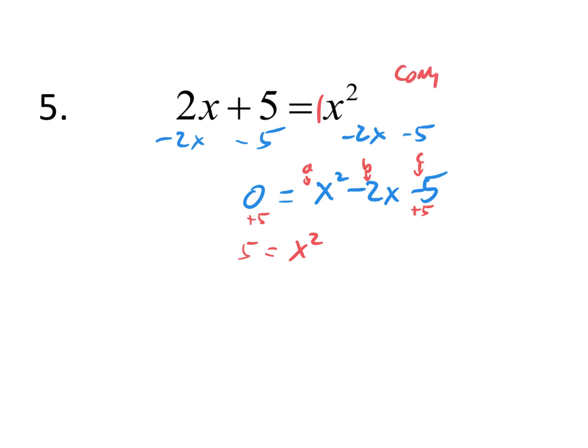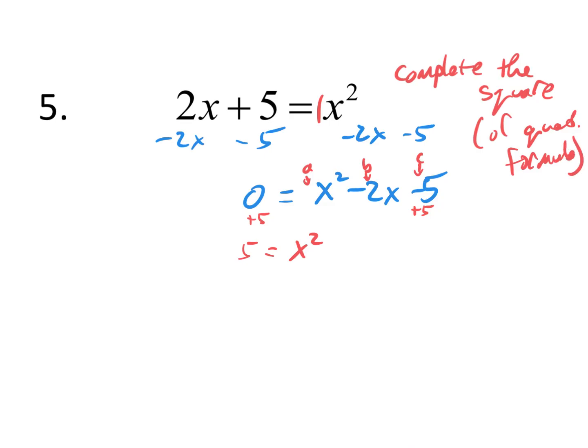You could use the quadratic formula, but I'm going to do it the other way, because we just did a quadratic formula. So here's how we complete the square. We take this b value here. So first of all, we get it in this form, x squared minus bx, okay?